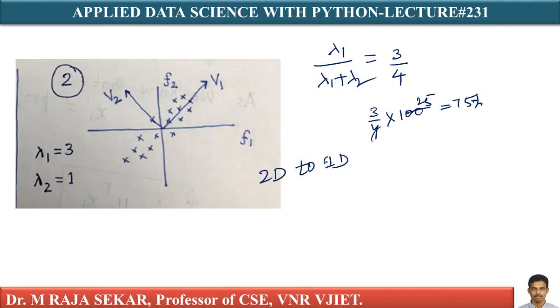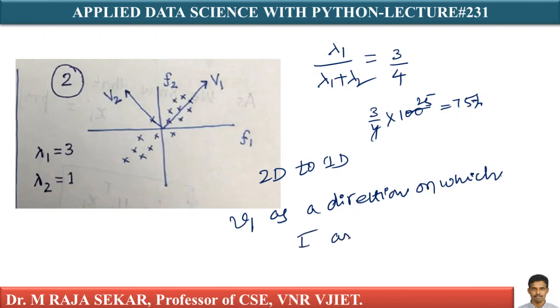If I want to convert 2D to 1D, and I choose v1 as the direction on which I am projecting, what happens?